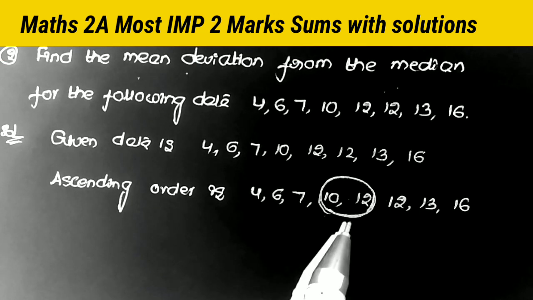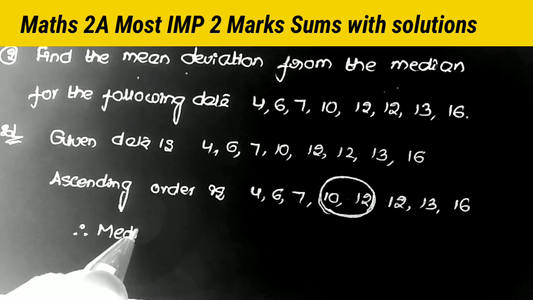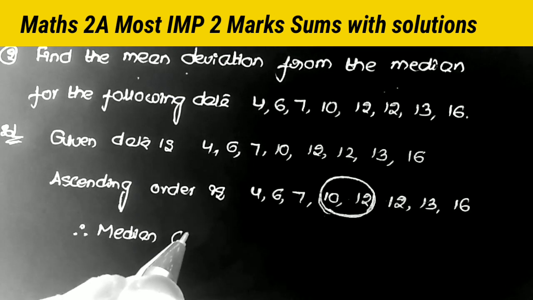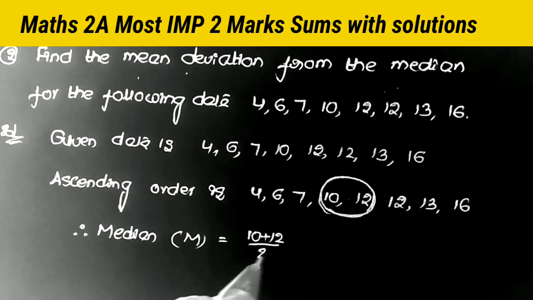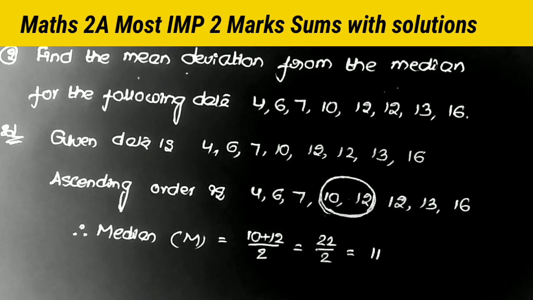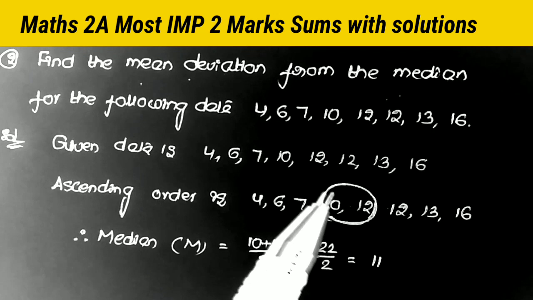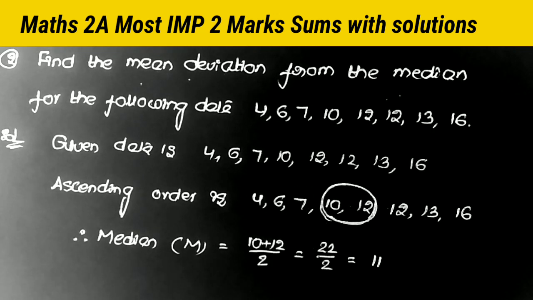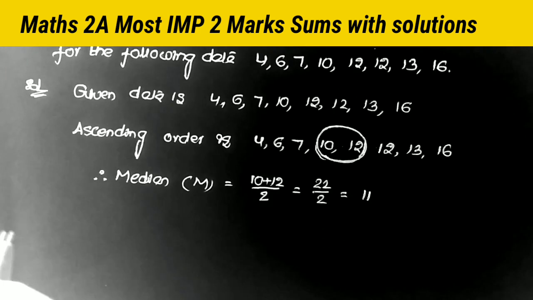Here we have two middle values, therefore median is the average of the two middle values, that is 10 plus 12 by 2, which is 22 by 2, equal to 11. So this is the median value.